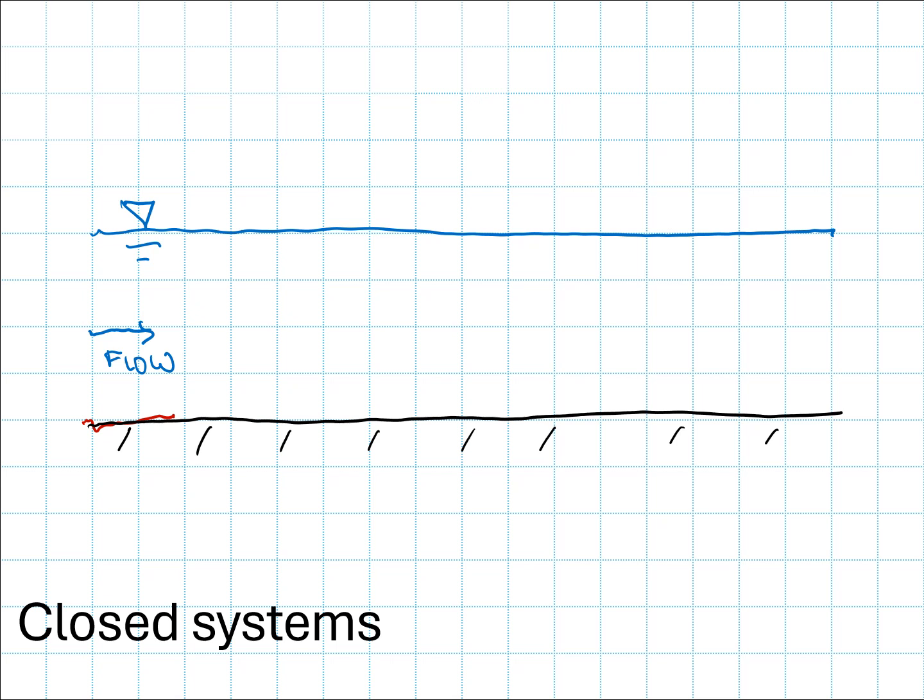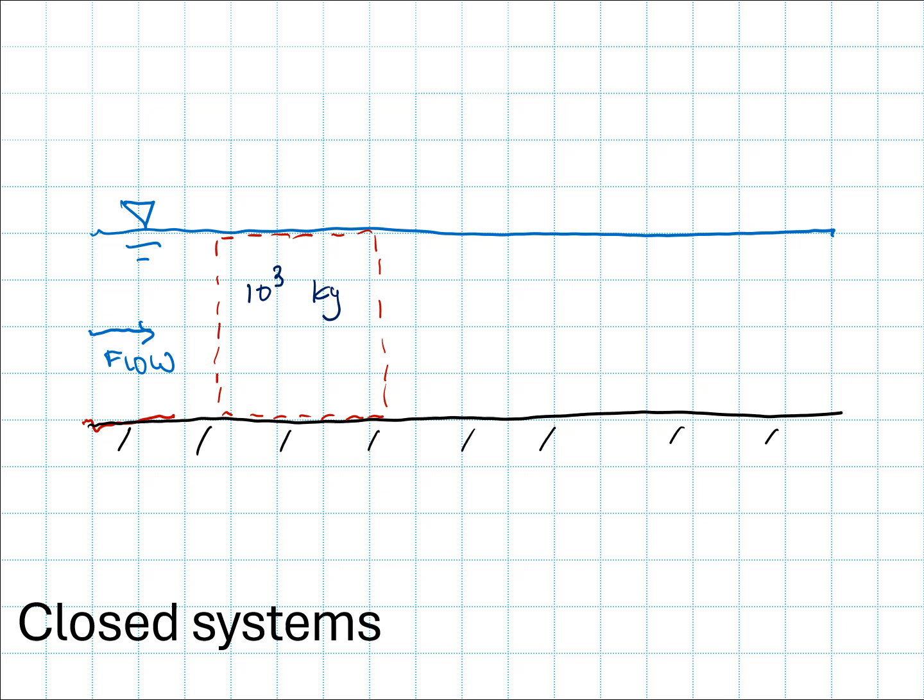And I am going to consider a system of mass that's occupying a space within my river channel. So in this case, my system of mass is 1,000 kilograms of water within my river.